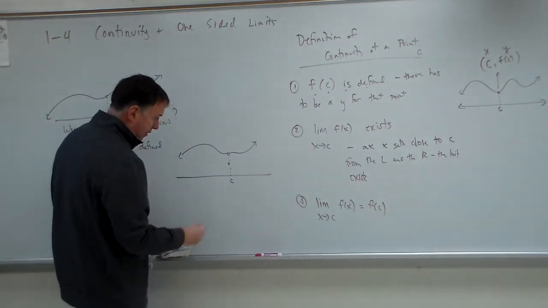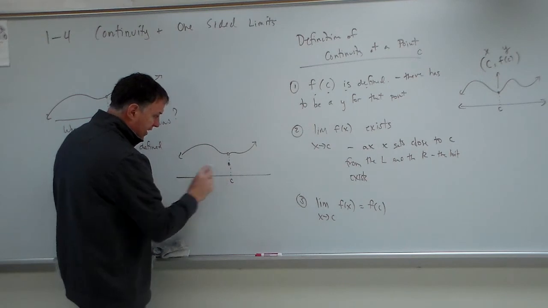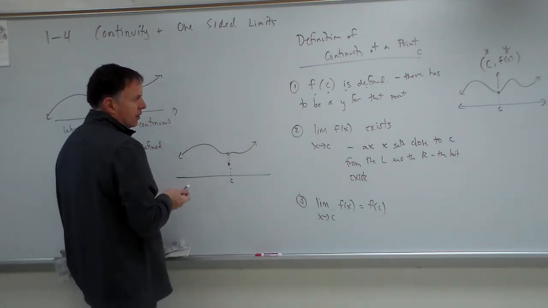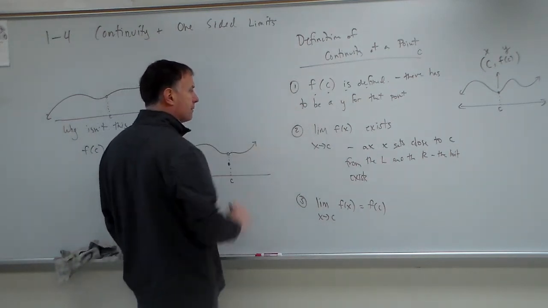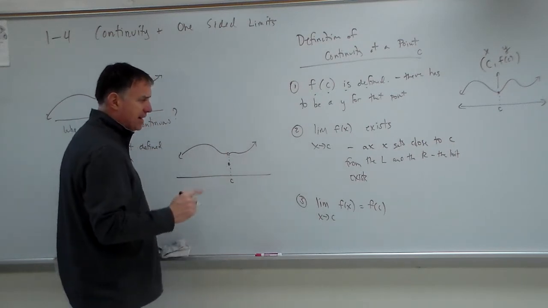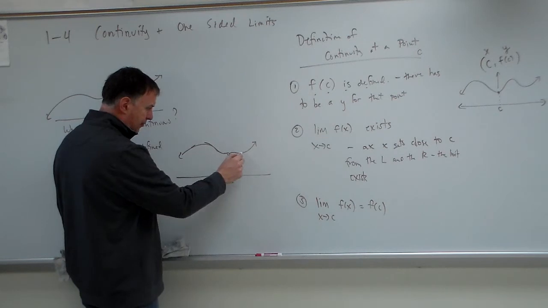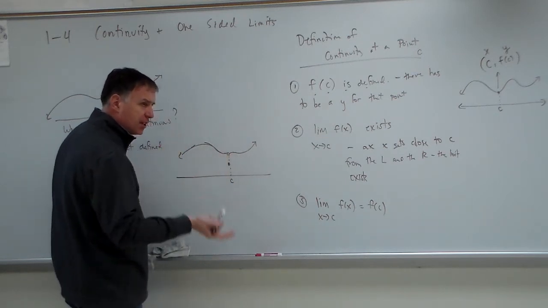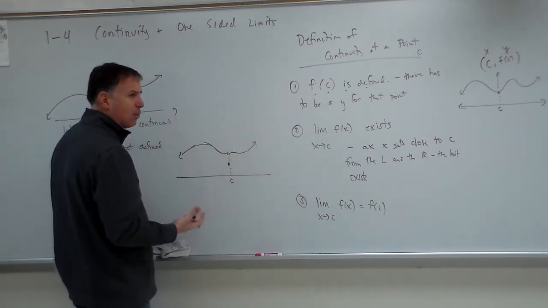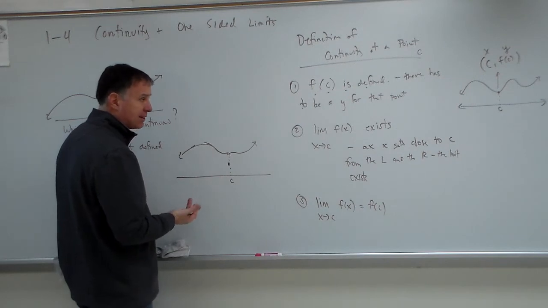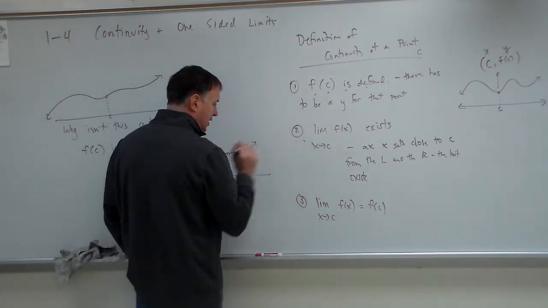Well, I do have a value right here. So is f of c defined? Yes. So no problems here. Number 2, the limit exists. As I come from this side and from this side, does the graph converge on the same y value? Yes. So we have no problems here.